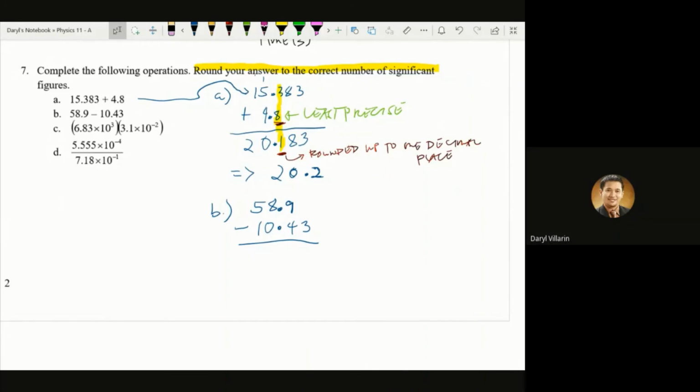This is 8, this is 10, this is 7, that's 4, then this is 8, this is 4. Okay, so 48.47. Then again, the least precise one has 1 decimal place, so the final answer should be 48.5.